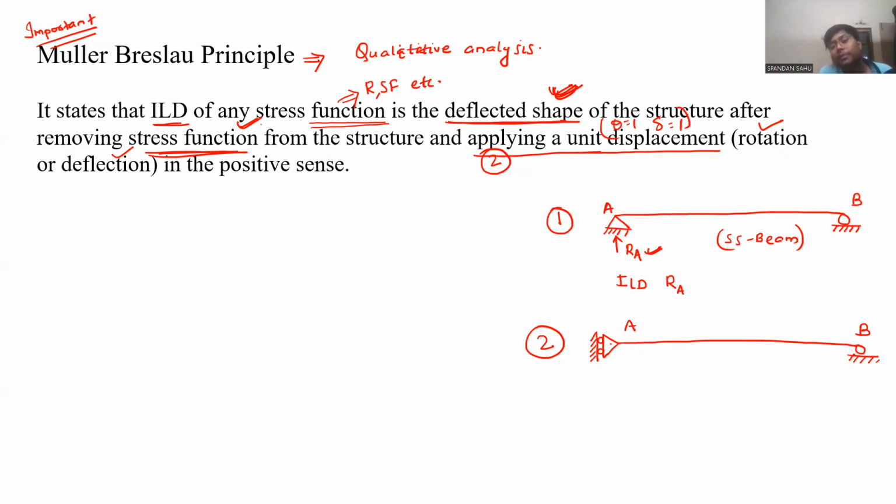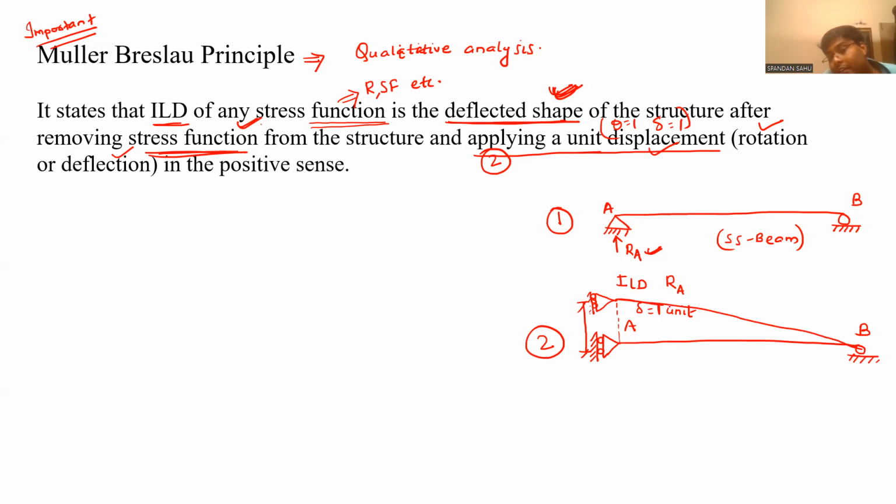Now, tell me, this RA we have removed. Now this can move easily. So you take this joint A above by how much distance? This should be 1 unit. That is 1 unit displacement. Now you join.